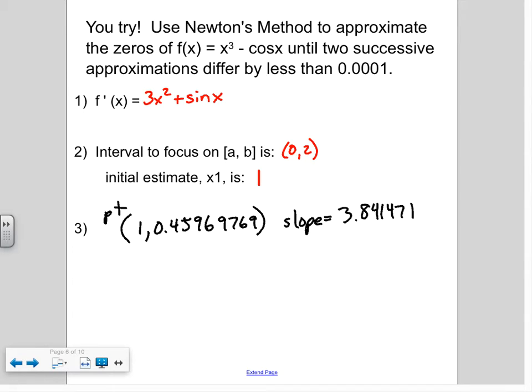So our first equation is y minus 0.4596. Make sure you get all these decimals because when you have to be that close together, you're going to need all those decimals in order to do it.